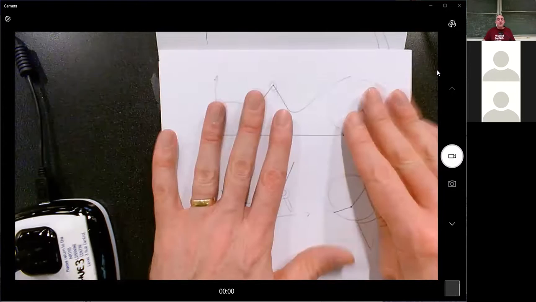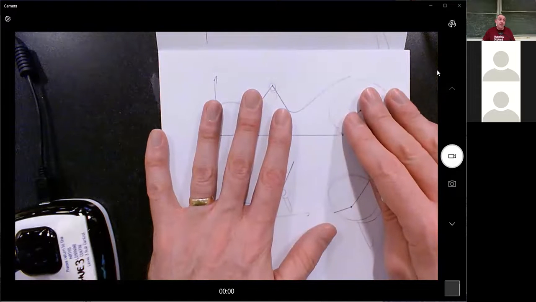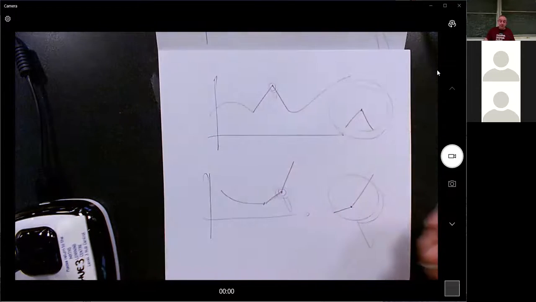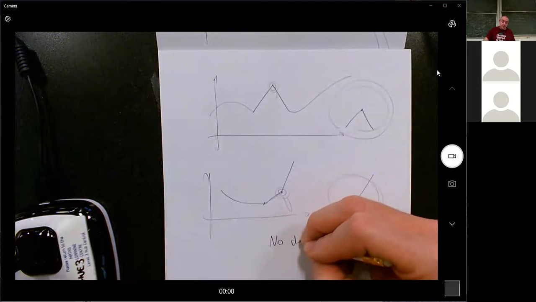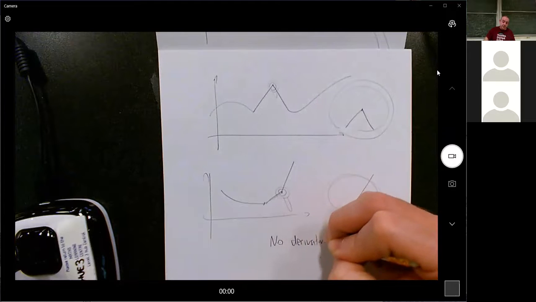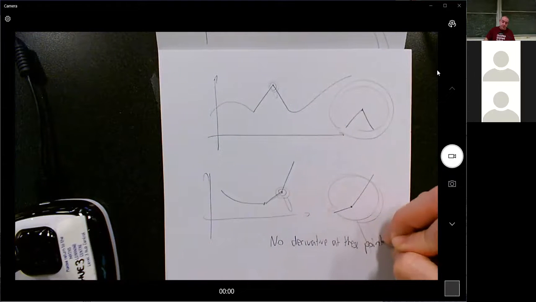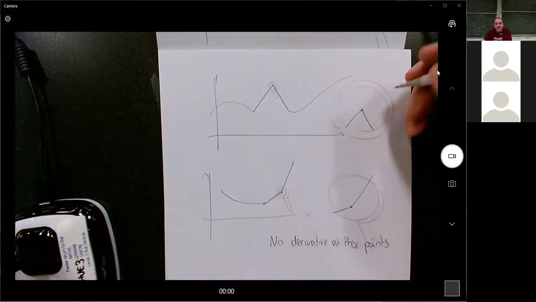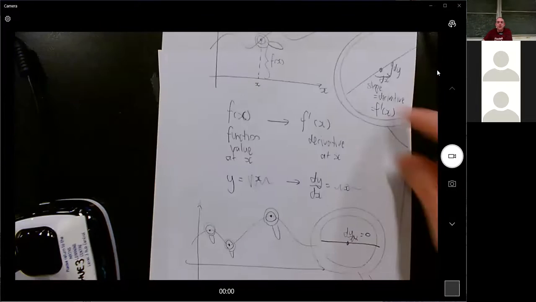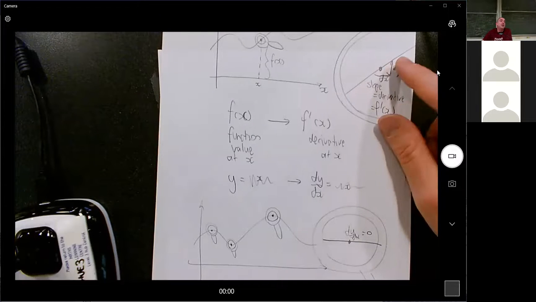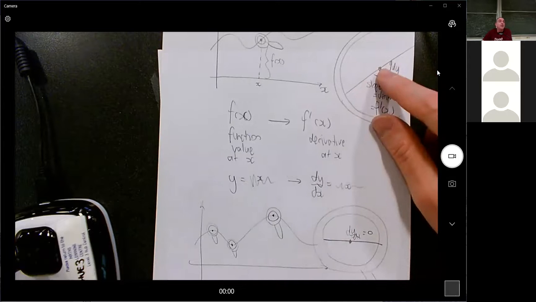So these are places where the derivative does not exist. There is no derivative at these places. And that's because it doesn't flatten out when I get close to look like it's a straight line, and it never does, and so I can't do the slope of this line.